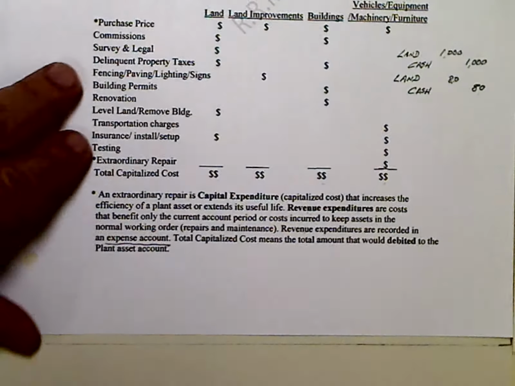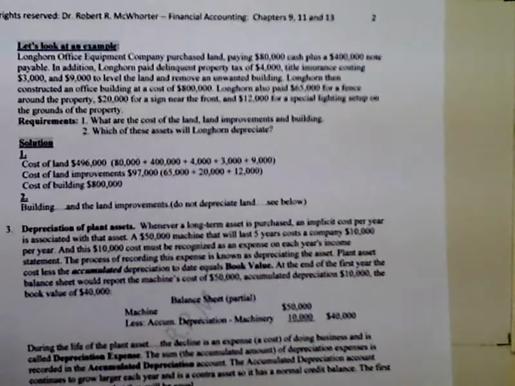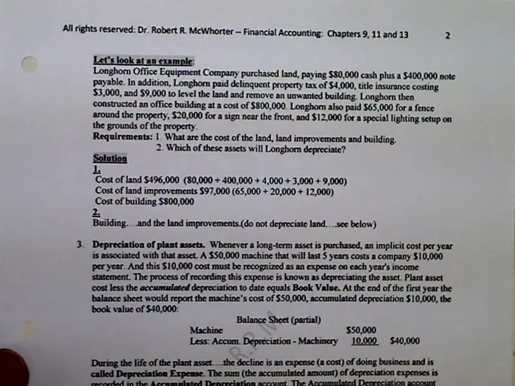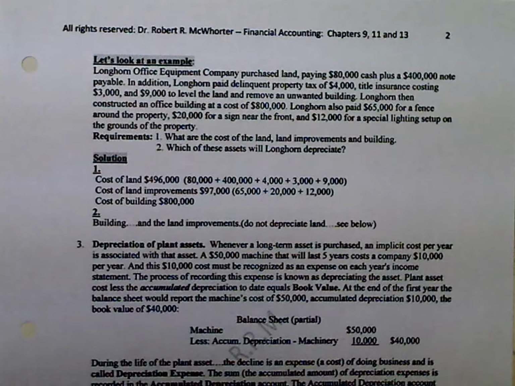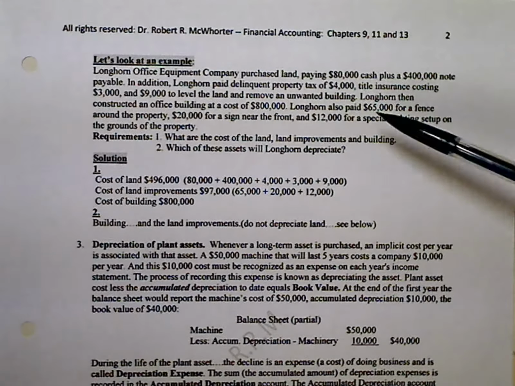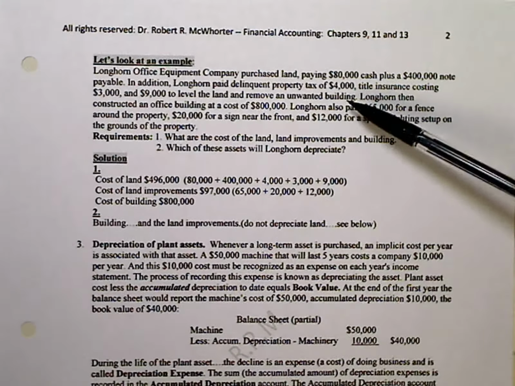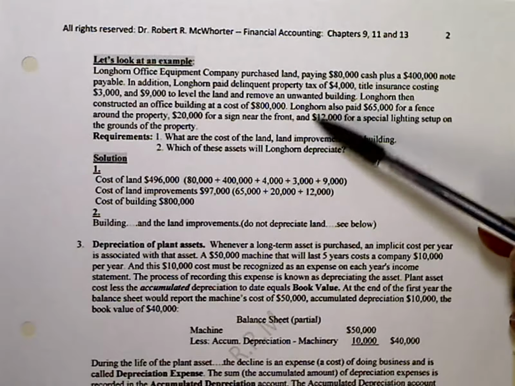Okay, let's look at an example. What we're going to do is follow the rules that we established on the previous page about what is to be included in the cost of the asset. So I've given some facts here and identified the type of expenditure that's connected with it.